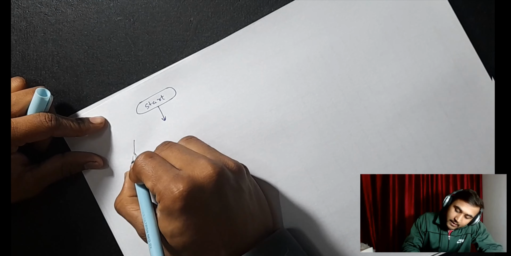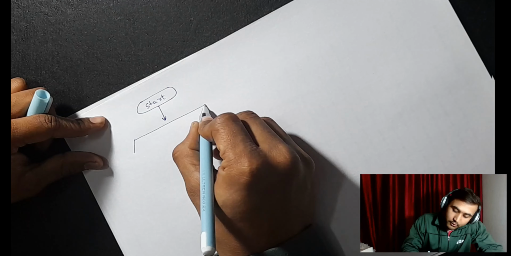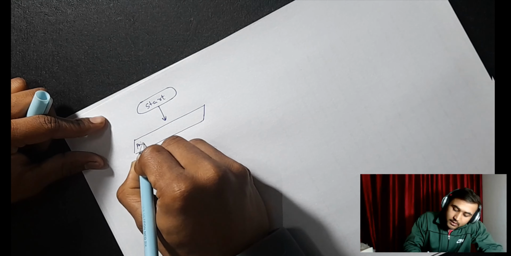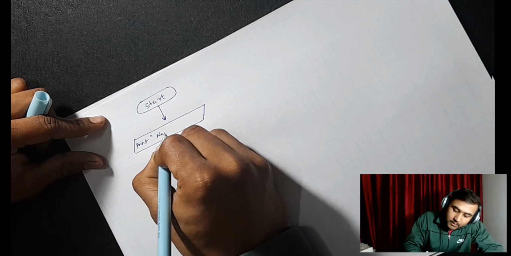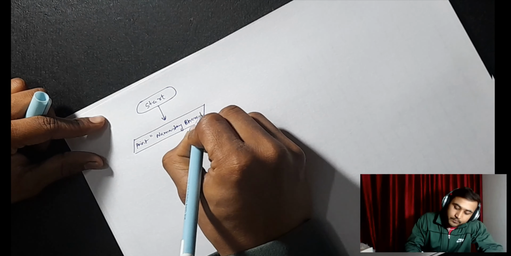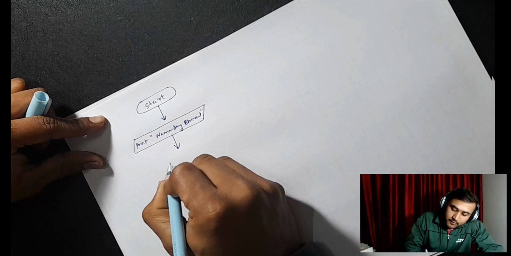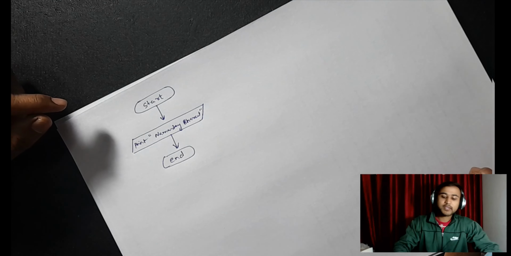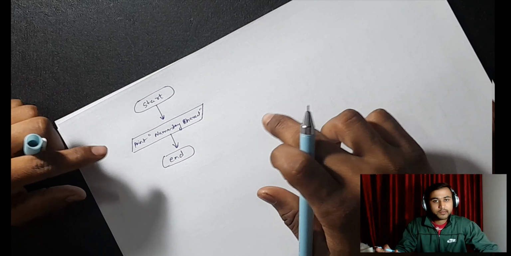So we will directly draw the parallelogram in which we are going to print our statement, which is Namastey Bharat, and then we are going to end this flowchart. So this is our flowchart for printing the Namastey Bharat.